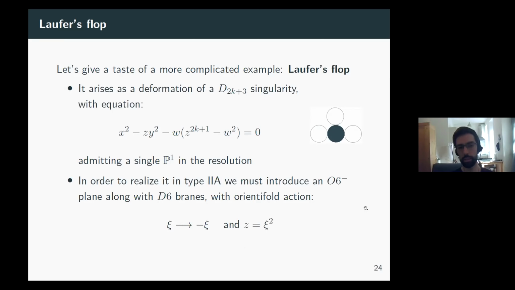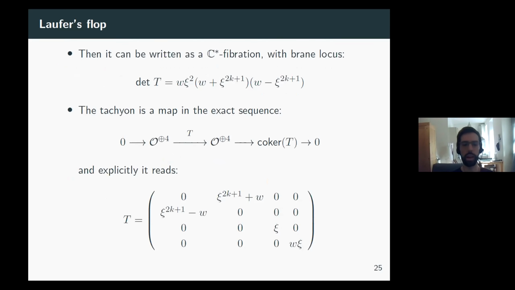Now, having done this, which is the main difference with respect to the case of the Reid pagodas, we can rewrite this geometry as a C-star fibration, and we find that the locus where this C-star fibration degenerates is given by the determinant of the tachyon matrix, and it is the locus of the D6-branes, and it is given by this equation.